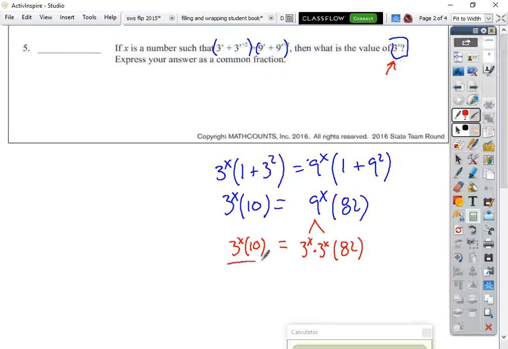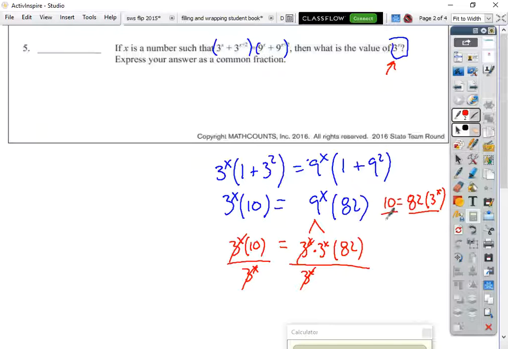So let's go ahead and divide both sides by 3 to the x. 3 to the x divided by 3 to the x is 1. Oh, so that leaves me with 10 is equal to 82 times 3 to the x power.